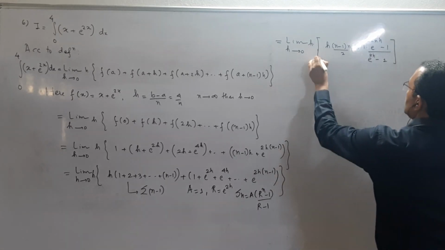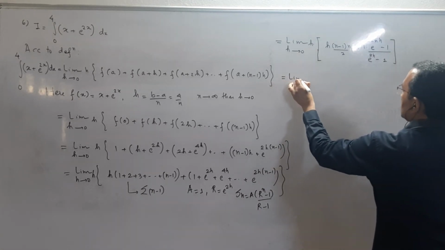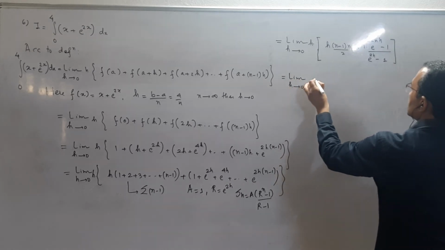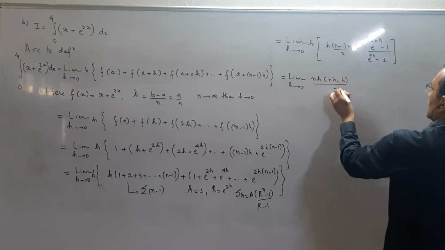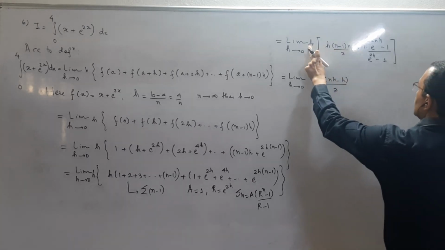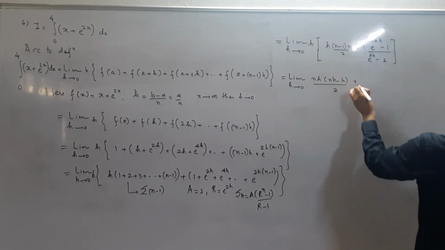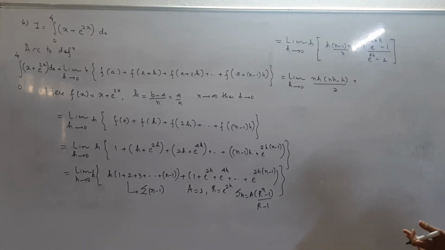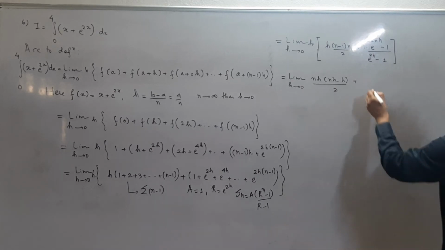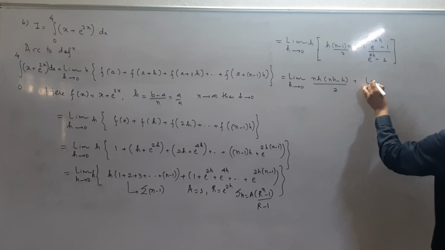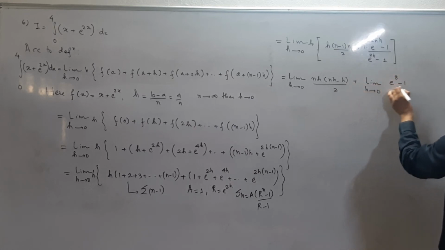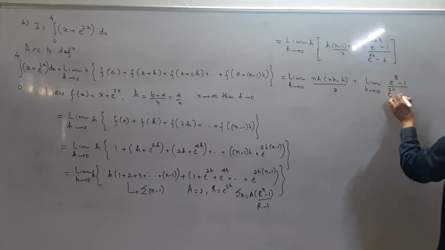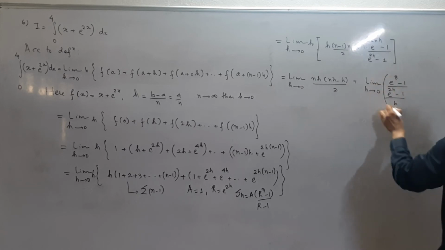So this will change to limit h tends to 0, nh into nh minus h. This nh as it is, this h in the bracket, plus nh is 4, so this will become the limit h tends to 0, e raised to 8 minus 1 upon e raised to twice h minus 1 upon h.